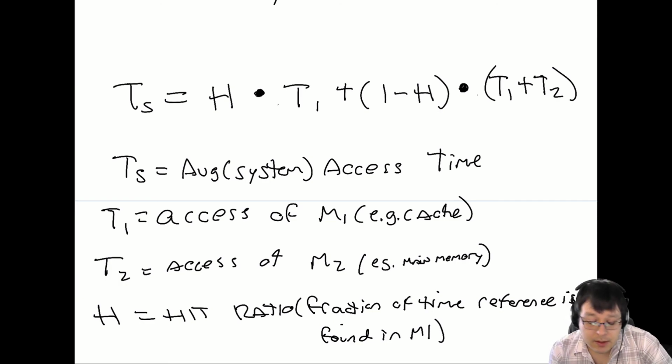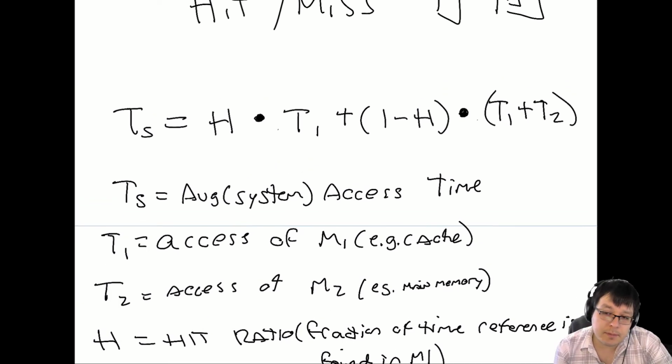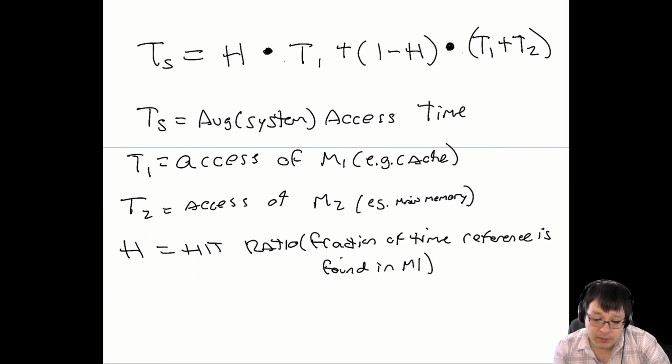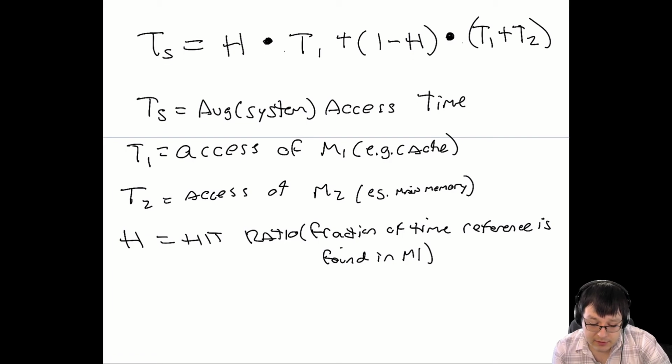So basically, the way you want to consider this, I think it helps if we look at it with numbers. Let's look at it with numbers, okay? So let's say, and this is experimental, what you have to do is run some data on your computer and figure out how many times we hit and how many times we miss at different levels.